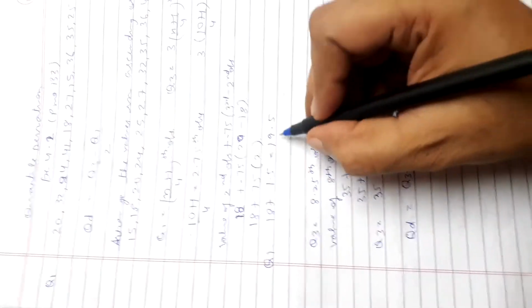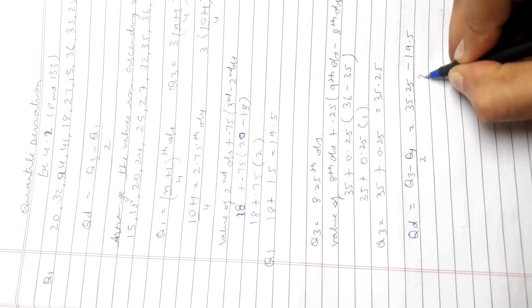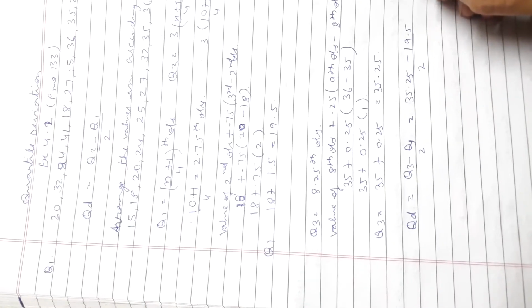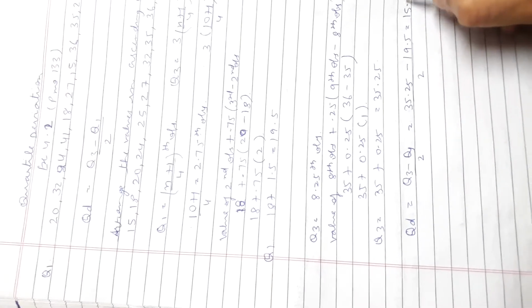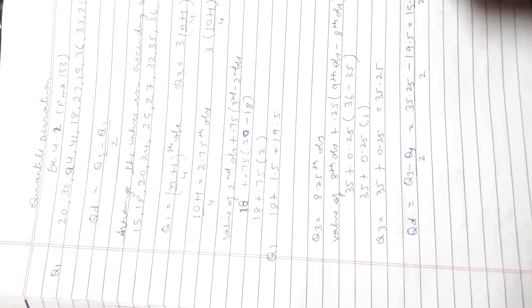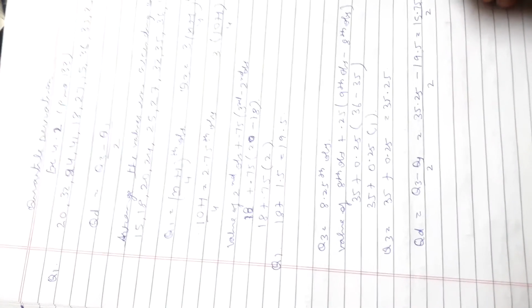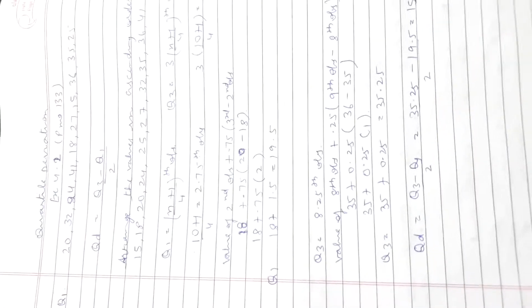Value of Q1 is 19.5, divided by 2, is equal to 15.75 divided by 2, 7.88. Unit is given in mm. So we will write 7.88 mm.